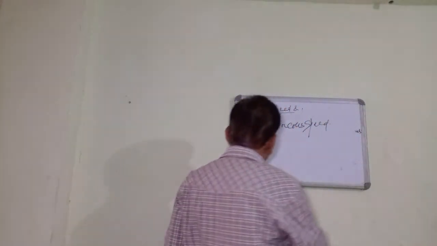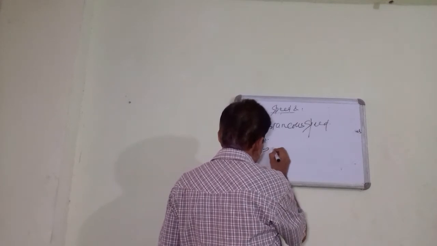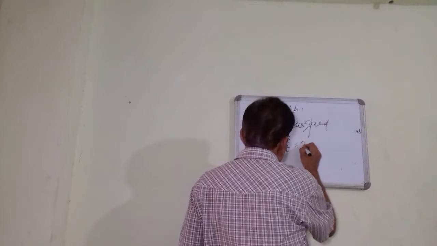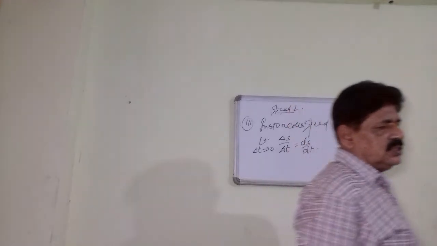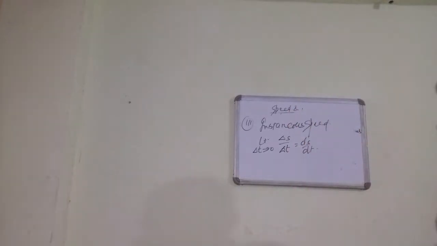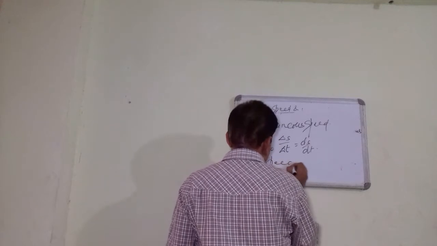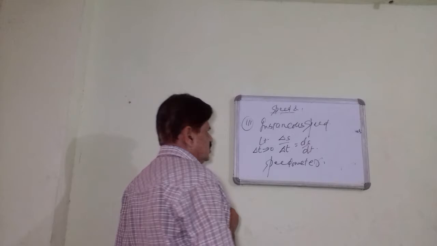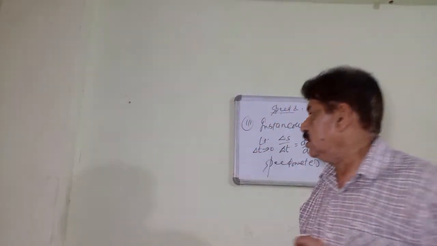It is obtained by taking the limit as delta t tends to 0 of delta s by delta t, that is equal to ds by dt. We have already discussed this ds by dt. It is measured by a speedometer.